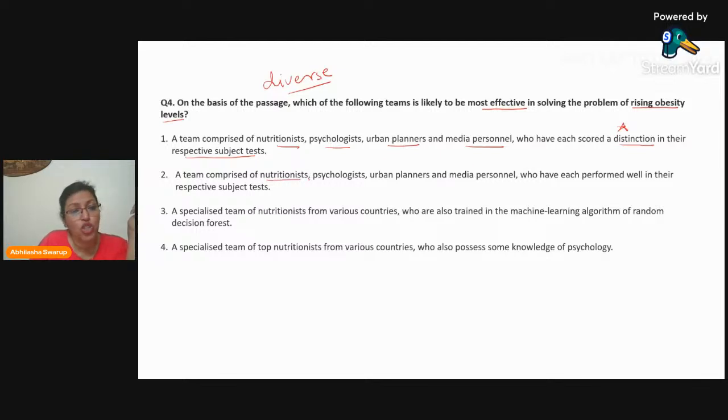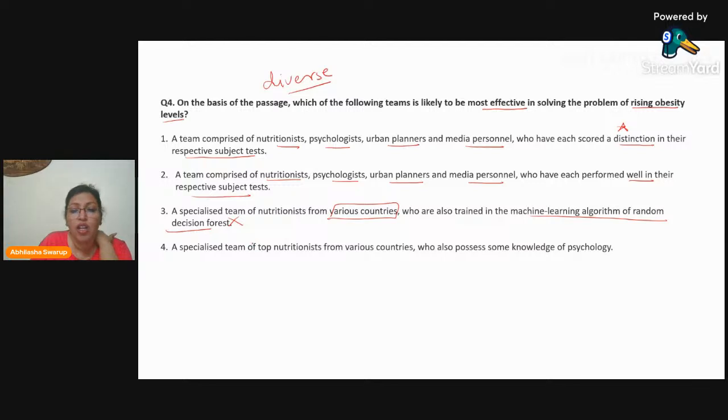The next one says nutritionists, psychologists, urban planners, and media personnel who have each performed well in their respective subject test. Our specialized team of nutritionists from various countries, who also trained in machine learning algorithms. This is irrelevant for us. Why would they be most effective in solving the problem of rising obesity level?